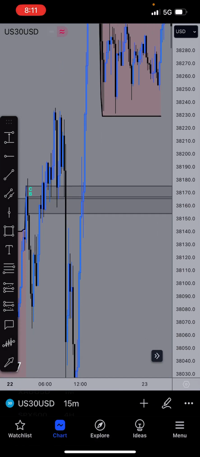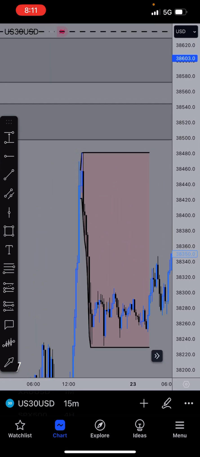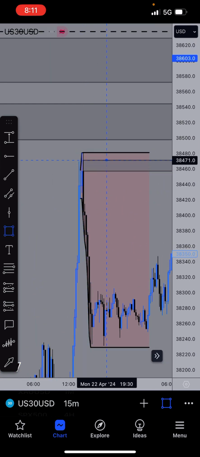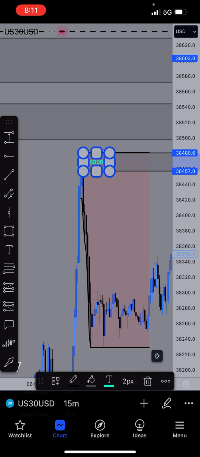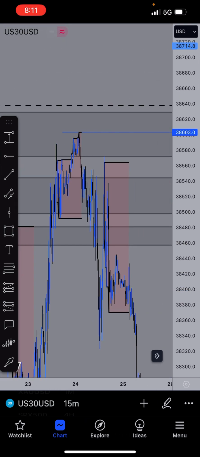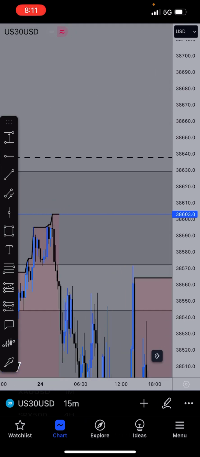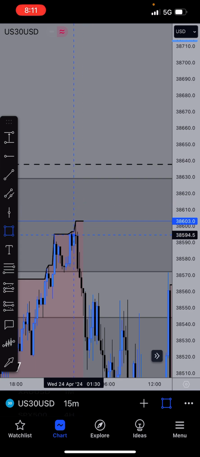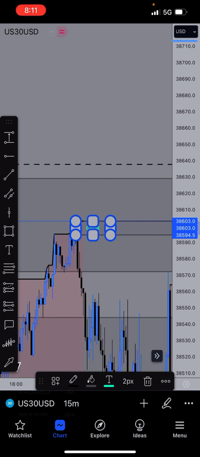Let's go to the next one, which is this one here. Got that. Mark that in. Next one is here. Boom. Central bank. Let's lock that in.